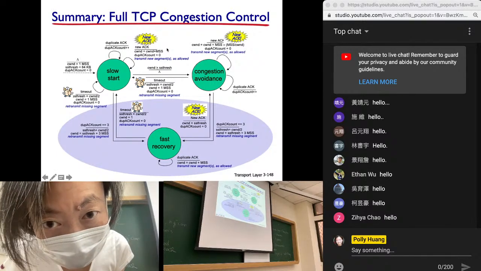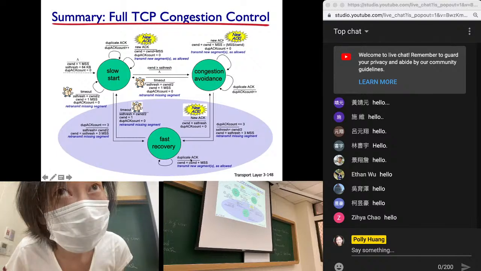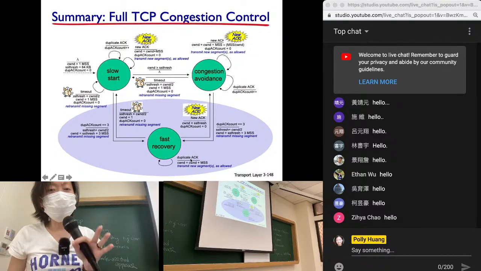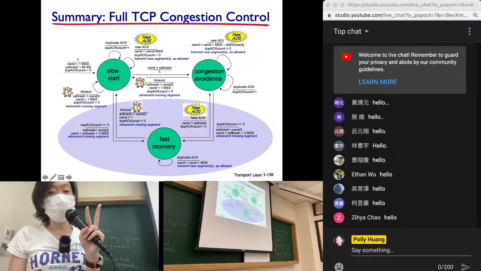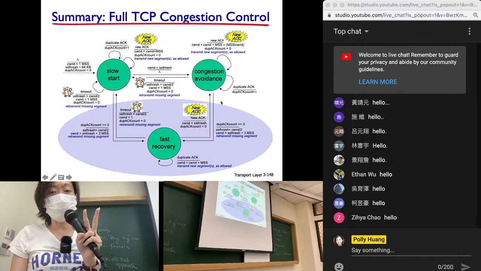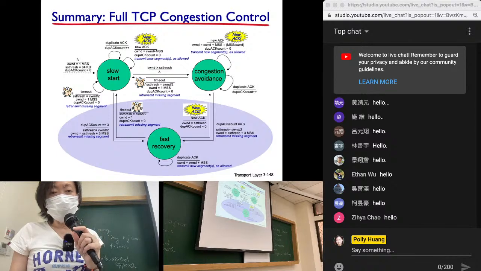So up here, down here, and another one here. The only transitions remaining in having only 2 is just this dup ACK count equals 3 here, and another one here. Yeah, it does look a little bit weird.